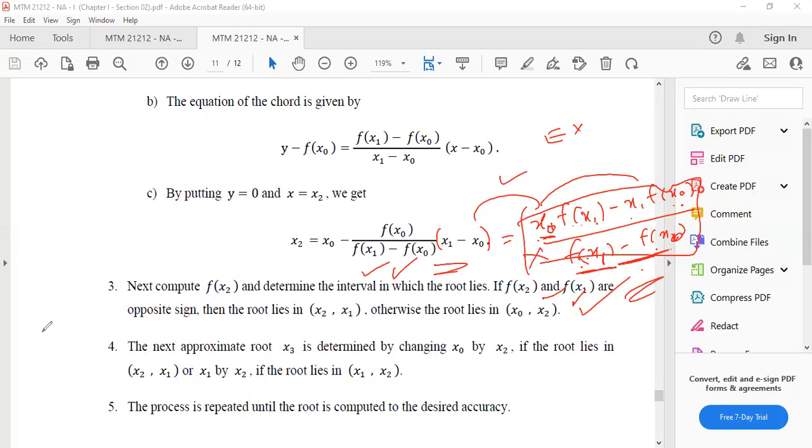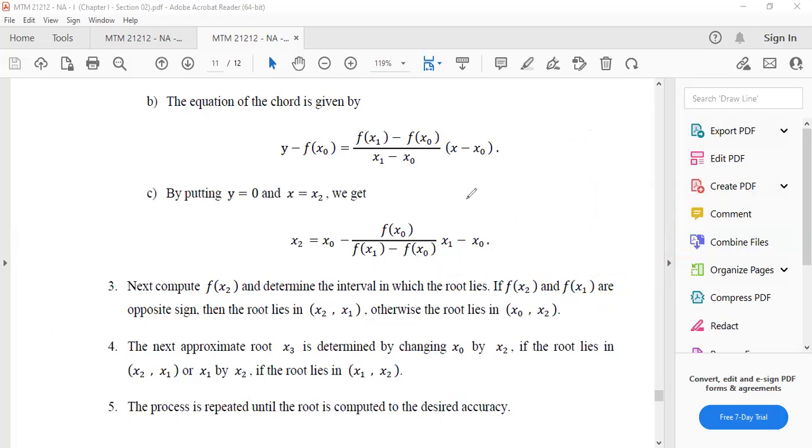Next, the next point is, see here, this is our x0, this is our x1. We have found one x2, let's say this is x2. This is our positive, this is our negative, let's say. f(x0) and f(x1) are in opposite directions.